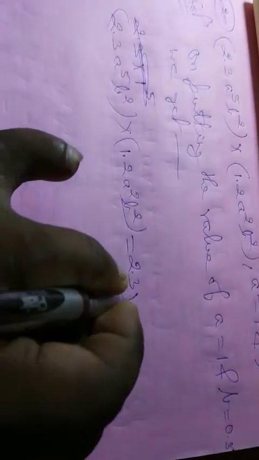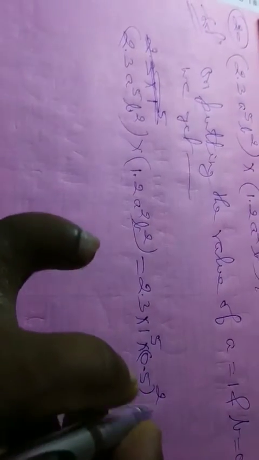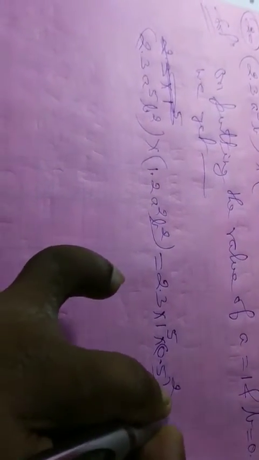First of all, we write the question. 2.3 into 1 to the power 5 into 0.5 whole square into 1.2 into 1 to the power 2 and 0.5 to the power 2.